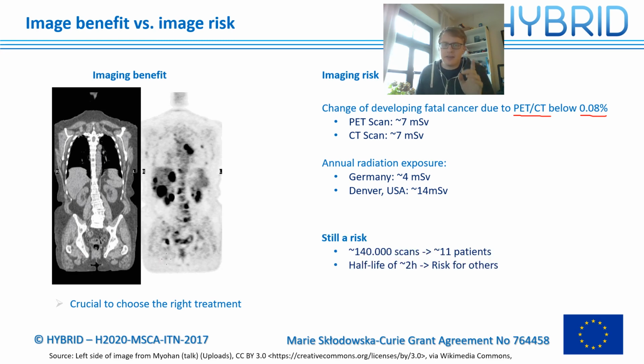Let's still say there's still a risk. I mean, this number is incredibly low, 0.08%. But if you perform 140,000 scans, that means something like 11 patients actually develop fatal cancer due to the PET-CT, more or less.